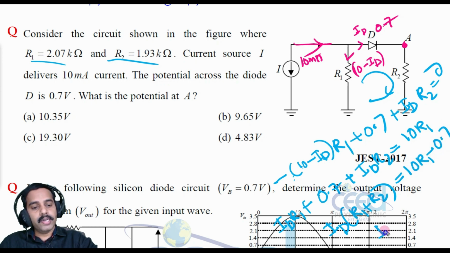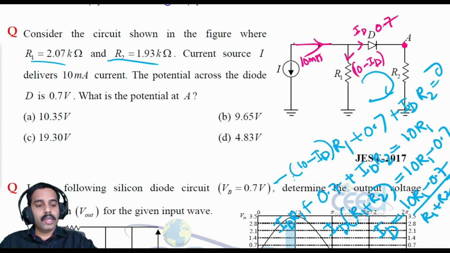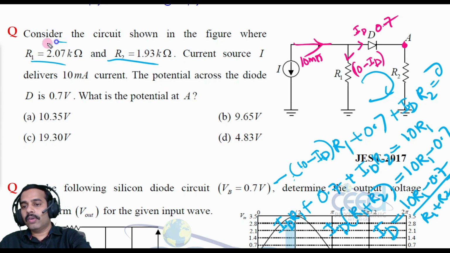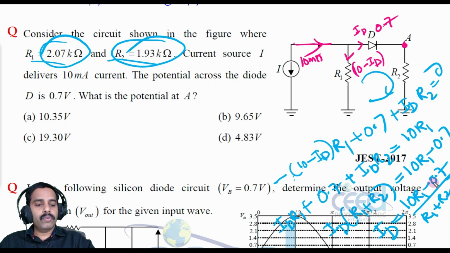So ID is equal to (10 R1 minus 0.7) divided by (R1 plus R2). R1 is 2.07 kilo ohm and R2 is 1.93 kilo ohm. When I substitute, you will get ID equal to 5 milliampere.